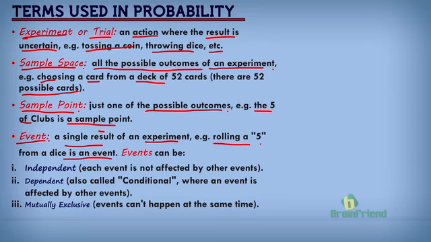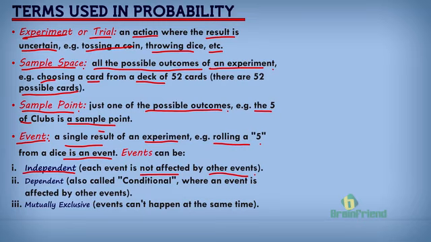Events can be independent. When you have an independent event, it means that that event is not affected by other events. For instance, within a particular deck of cards, you pick a card out and determine the probability of that particular card that was picked.